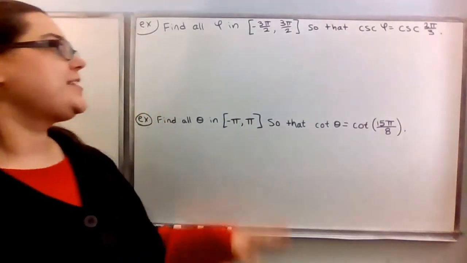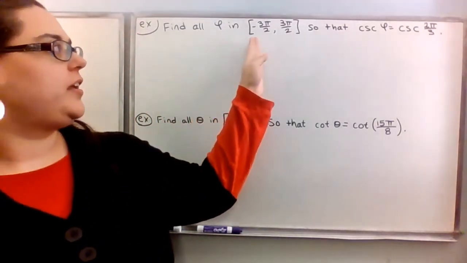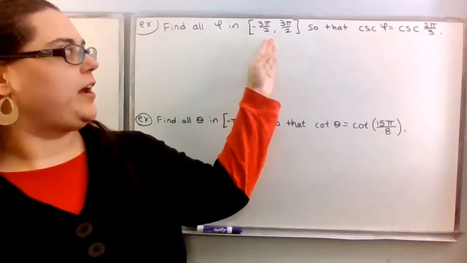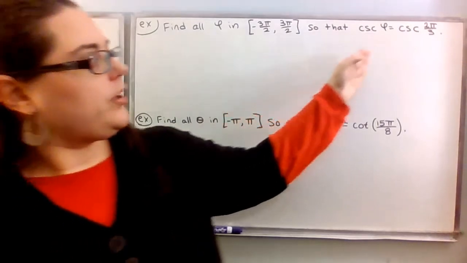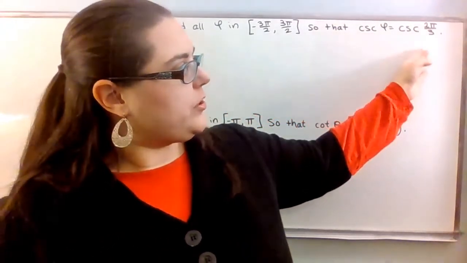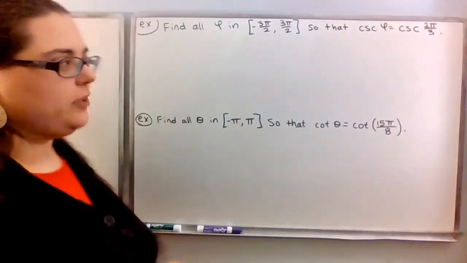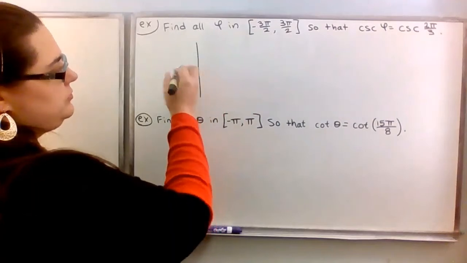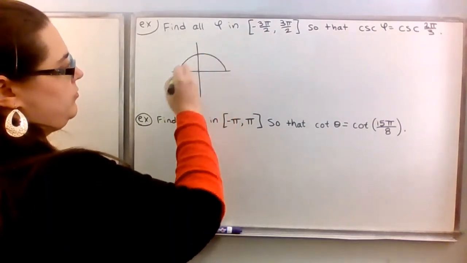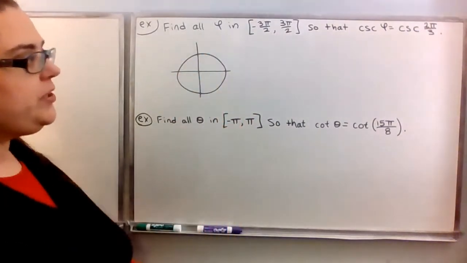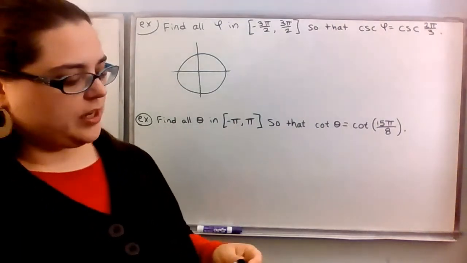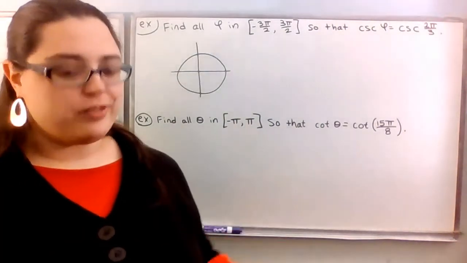Alrighty, so for our next example, we want to find all phi in the interval from -3 pi halves to 3 pi halves, so that cosecant of phi is equal to cosecant of 2 pi over 3. So let's draw this one out. So here's my unit circle. And let's take a moment and draw out the pi thirds.